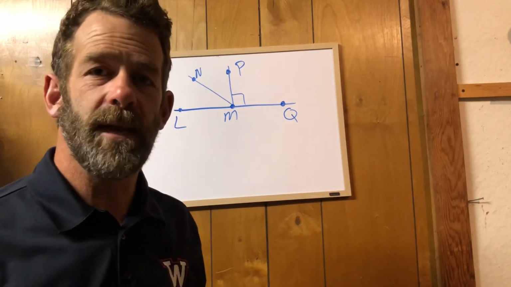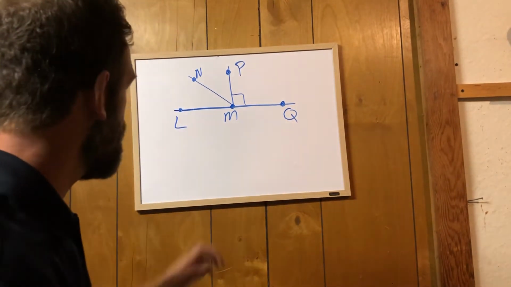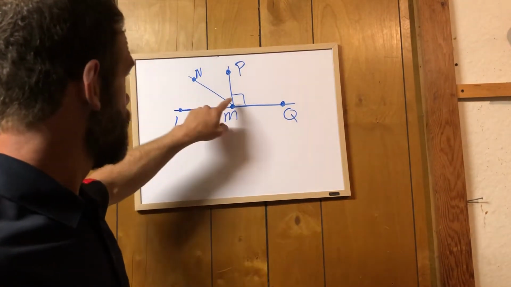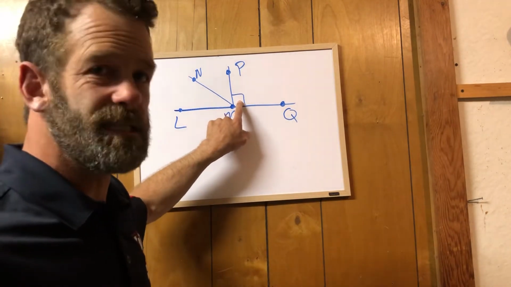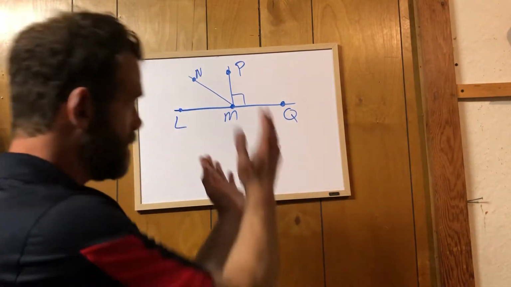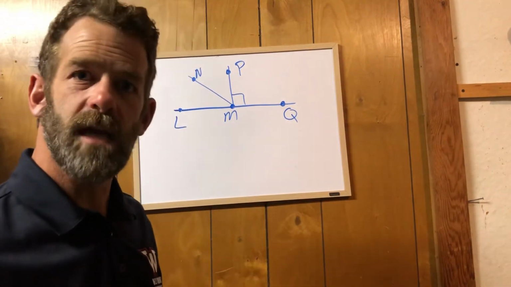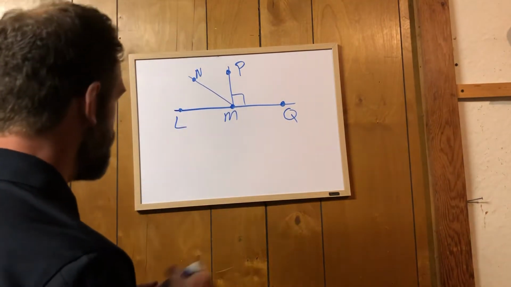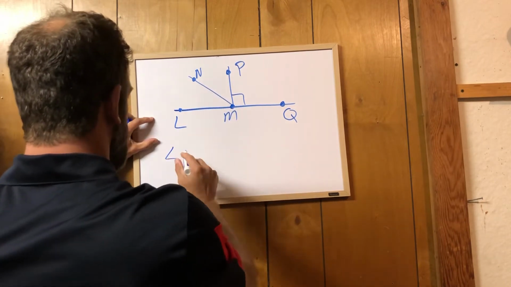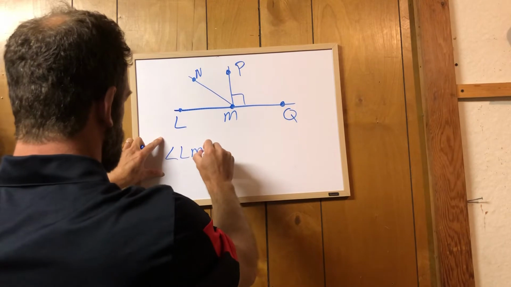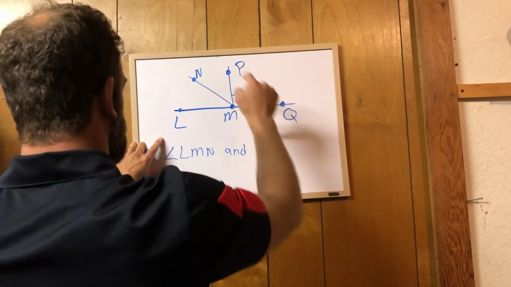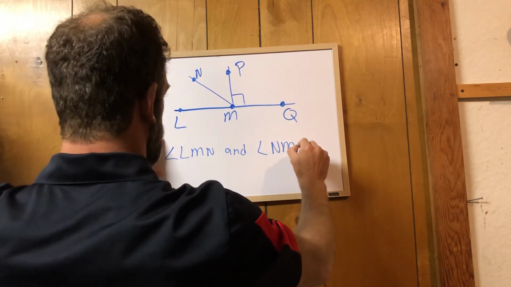The word complementary angles. Complementary means when you have 2 angles that add together to give you 90 degrees only. For example, here's a 90-degree angle, but this is not a complementary angle, because complementary angles are 2 angles that, when you put them next to each other, equal 90 degrees. So 2 complementary angles would be angle LMN, and we write angle like this, and angle NMP.